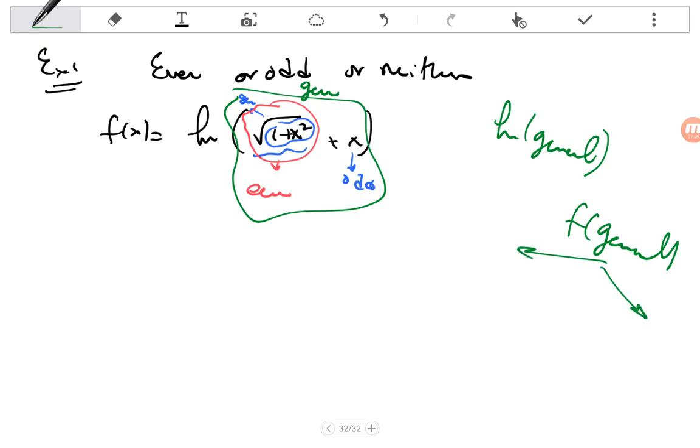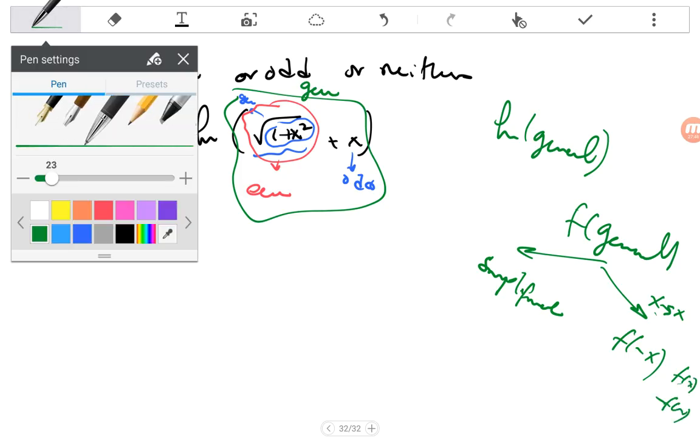I have two ways, either by using simplifications, where I try to make simplifications on the expression I have, or another way is to just try the basic method, which is interchanging x with negative x and checking the result to be either f of x or minus f of x.